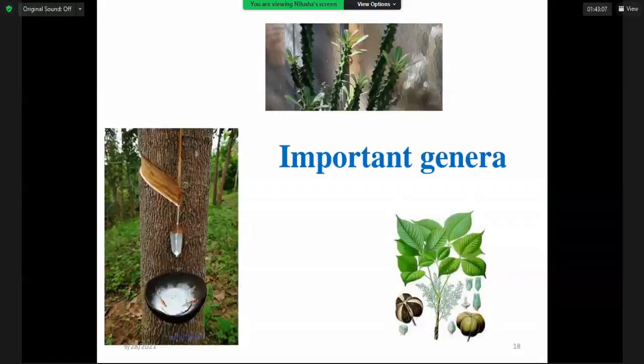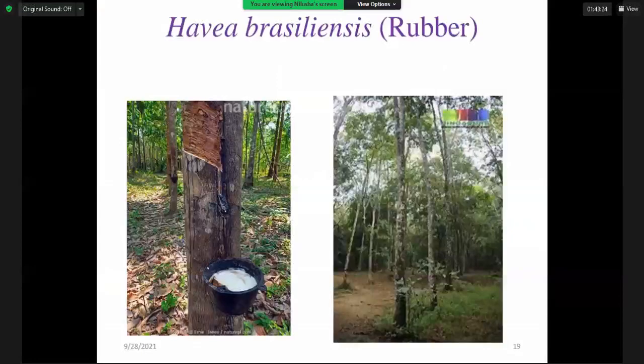Now we are going to see the important genera of the Euphorbiaceae family. I already told you that economically the most important one is rubber, which comes under this family. You can see rubber, Hevea brasiliensis.